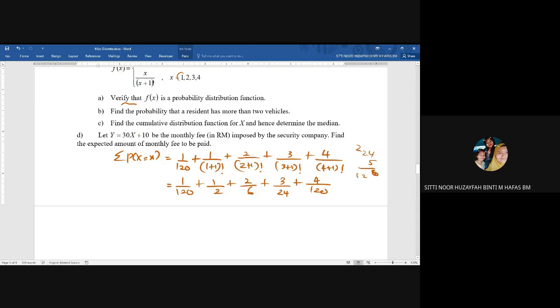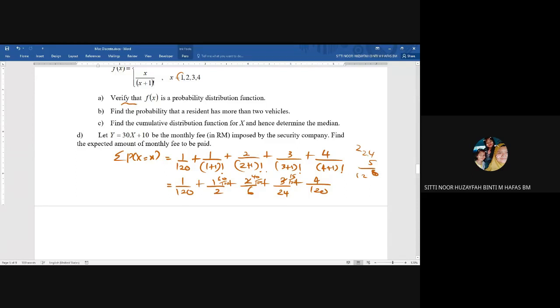So, use your calculator. There are too many fractions here, 1 over 20, 120. I am lazy to calculate like that by head, so we use the calculator. So, 1 over 20 will be 60 over 120. For 2, it will be 40 over 120. And then for 3, it will be 15 over 120.